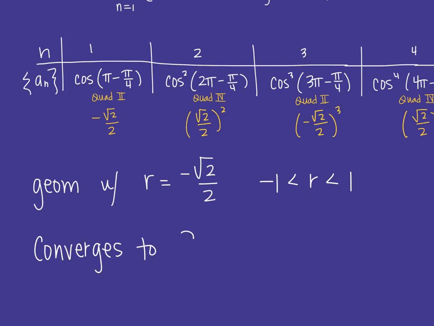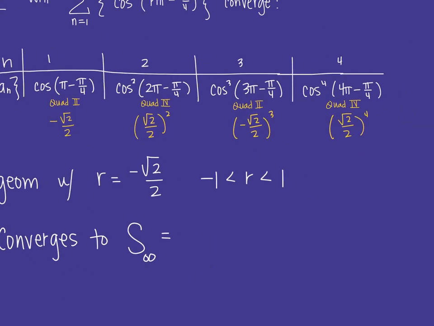And it's going to converge to the specific infinite sum of, all right, we need the first term, which was what? Negative rad 2 over 2, over 1 minus the multiplier, which was also negative rad 2 over 2.